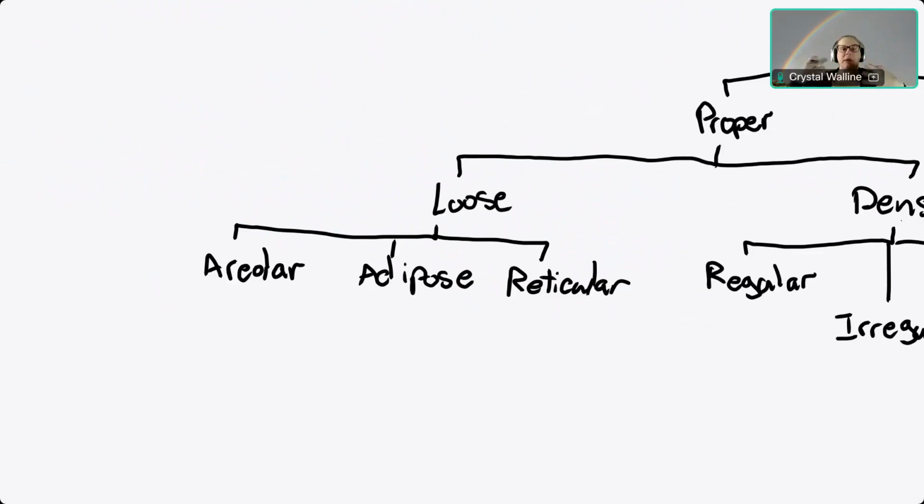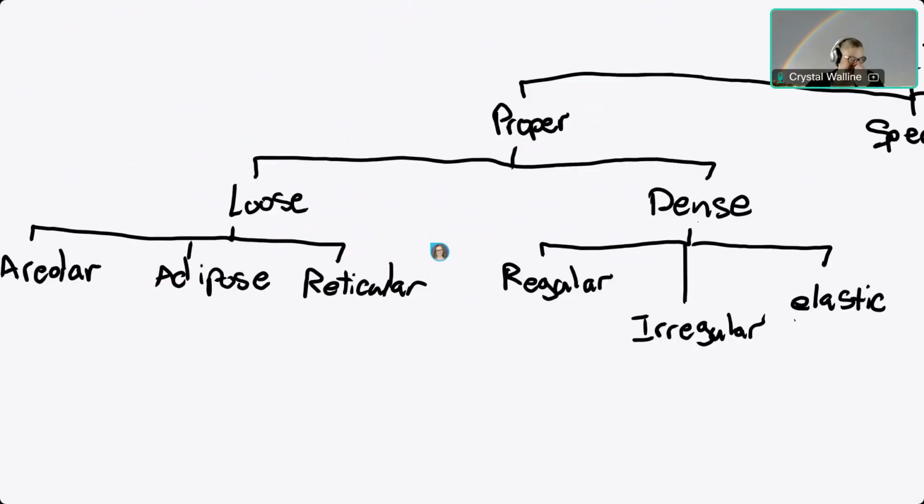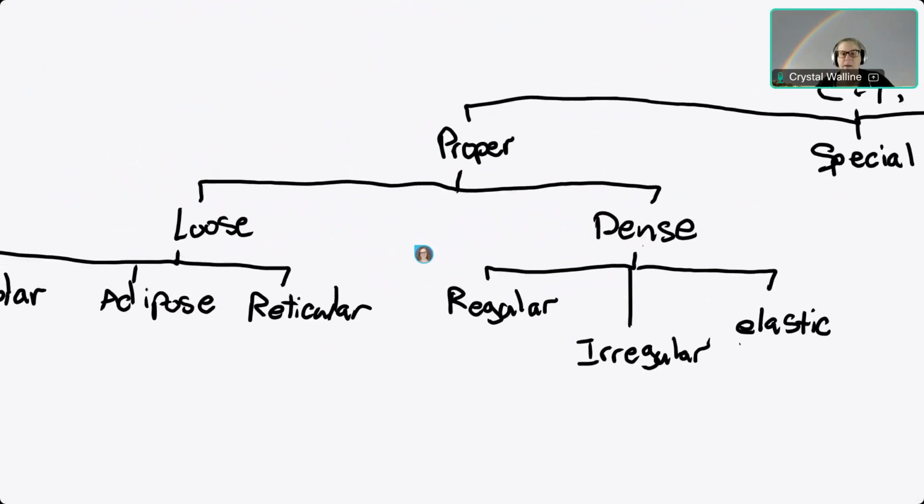There's a lot of space in between them. Conversely, in the dense proper connective tissues, those extracellular matrix proteins are packed together really, really tightly, and there's not a lot of space around them. All of these cell types are considered proper because the main cell in them is the fibroblast.